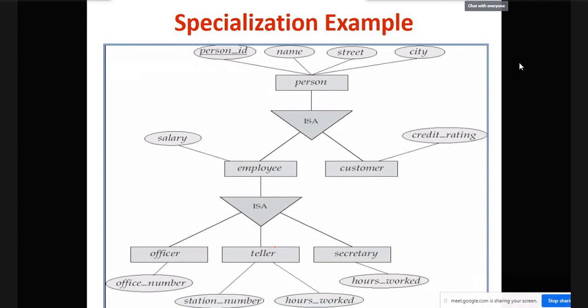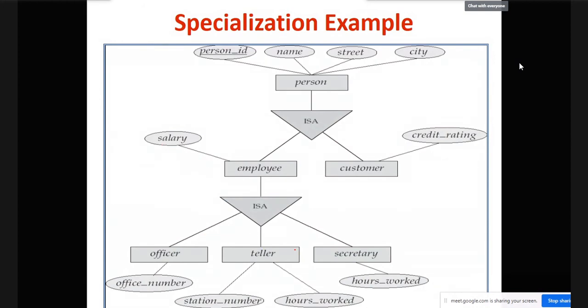Okay, and based on that, for temporary employee you can show a contract period as one of the specific attributes, for permanent employee total years of experience that you can add, because joining date you can add. Okay, so that will come as a specific attribute. Something for both, you cannot say salary, because both will have salary, permanent and temporary employee. Okay, because your employee itself is having salary.